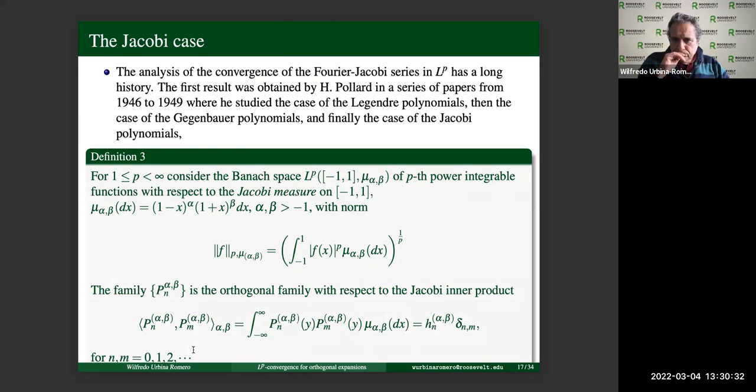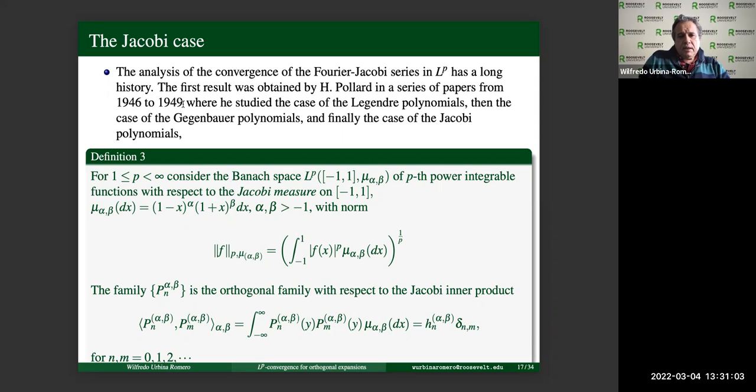Now, what about LP? Well, this is good news, you could say. This was studied at the end of the 1940s, between 1946 and 1949, by Harry Pollard.